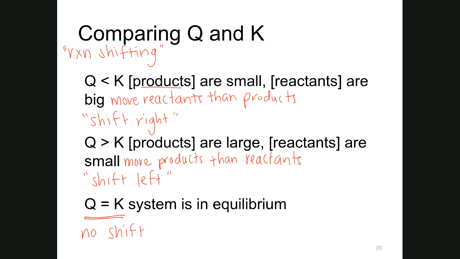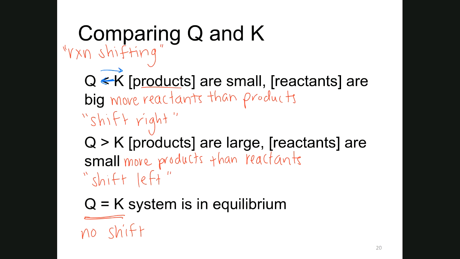The way that I remember which way it's going to shift is based on the less than or the greater than symbol. So if I were to take this first example of Q is less than K and make a little arrow, it's going to the left, and I need to go opposite of that, right?